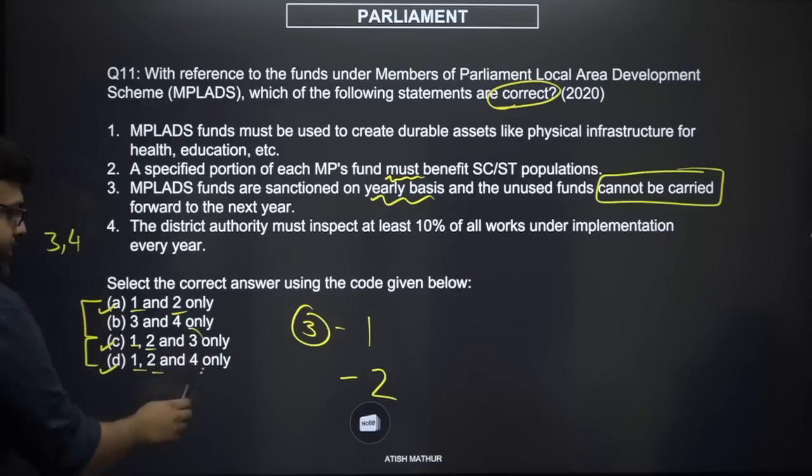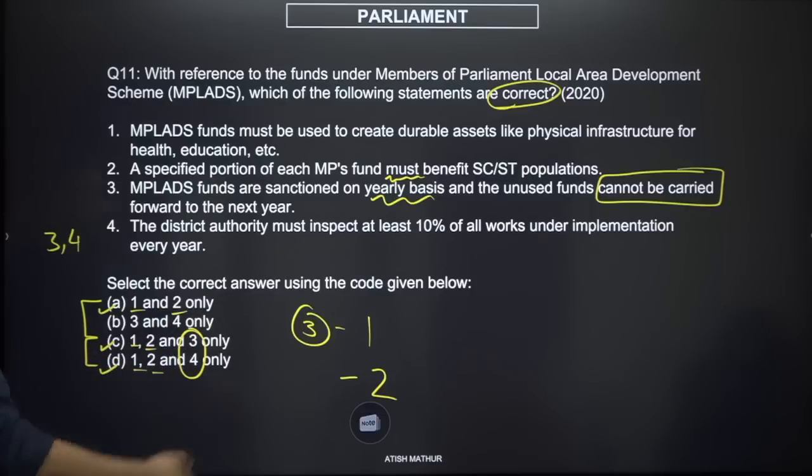Now, either 3 is going to be correct or 4 is going to be correct. Let us see. MP-led funds are sanctioned on a yearly basis, and the unused funds cannot be carried forward to the next year.